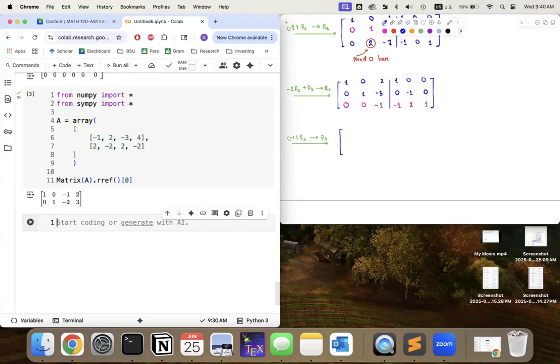Row 1 and row 2 remain the same. So 1, 0, 2, 1, 0, 0, 0, 1, -3, 0, -1, 0. And row 3 is going to be 0, 0, 1, 1, -2, -1.